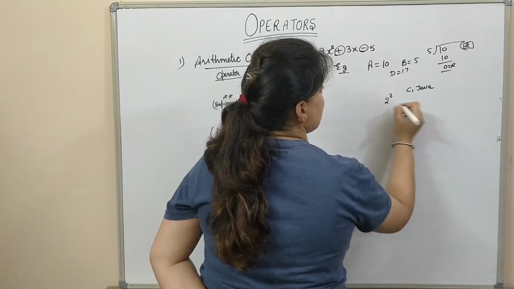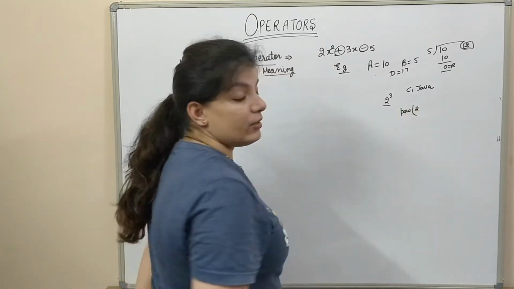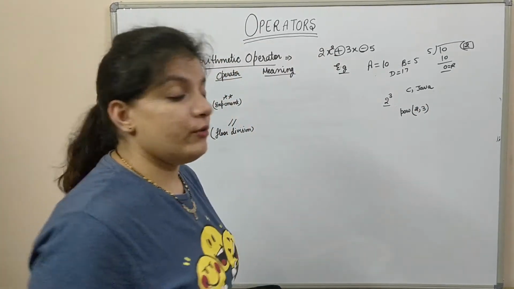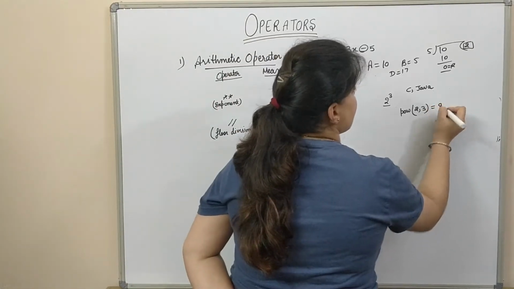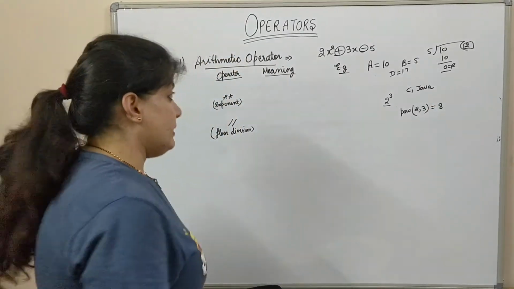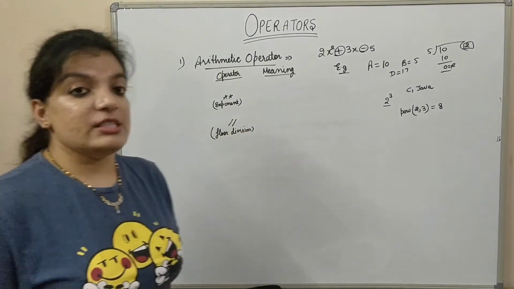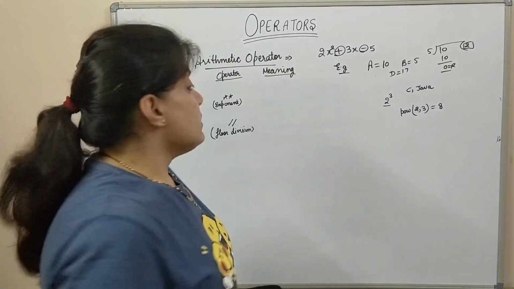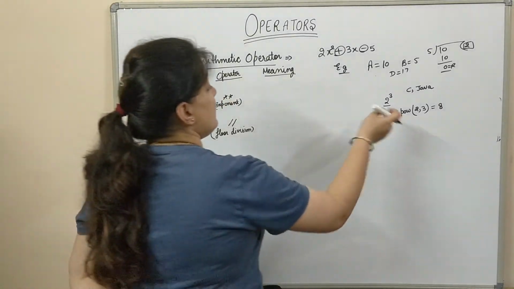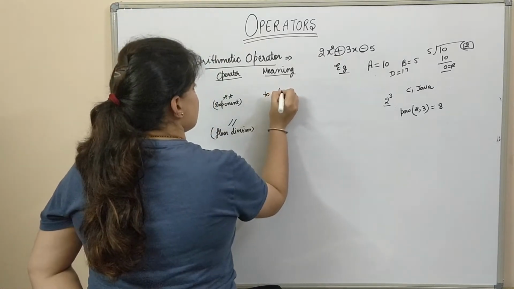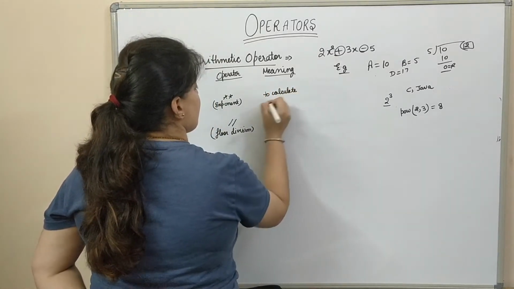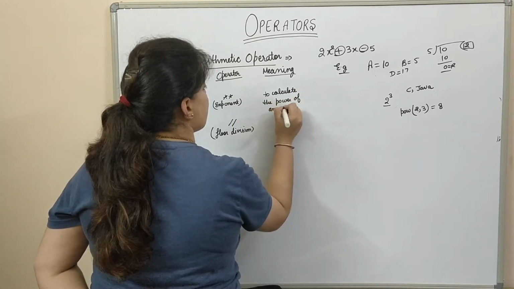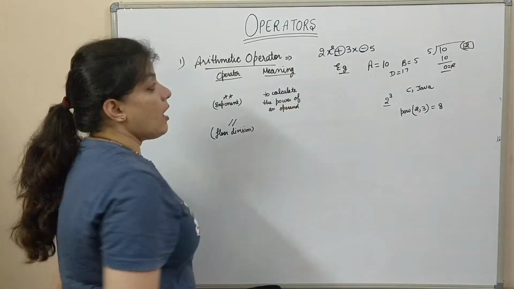In this we need to write the base, whose power you want to find out, and to what power you want to find, like 2 power 3, so it will return the result 8. Now in the case of the Python programming language, we use this exponent operator instead of the power function. So the exponent operator has the same meaning, that is to calculate the power of an operand.